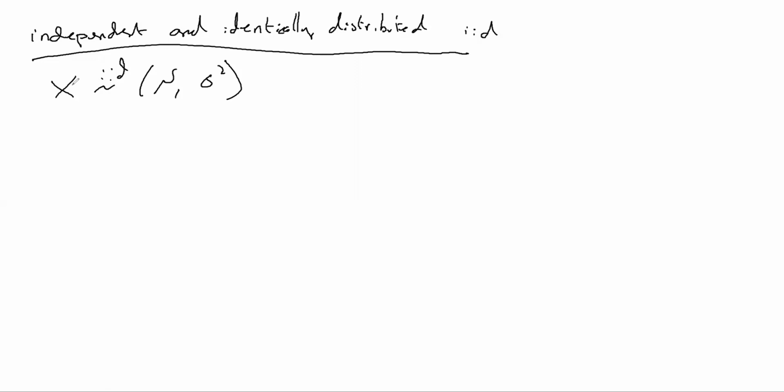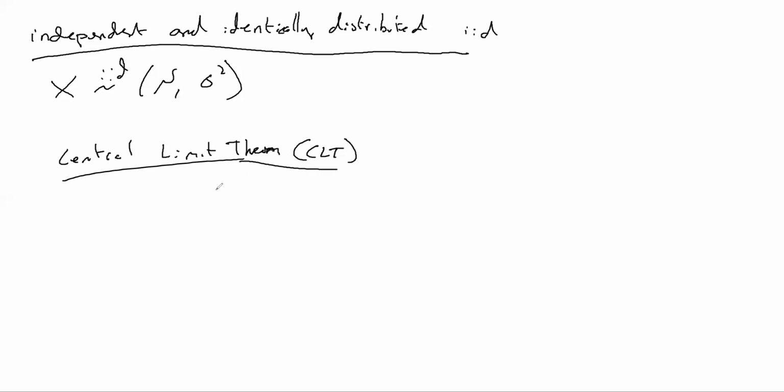And this assumption of IID is also really important for the central limit theorem. The central limit theorem is something you should already know. We're going to talk about it a little bit. We're not going to get into any of the proofs, but it's important. This is CLT, the central limit theorem. It's important for regressions and time series and hypothesis testing, all of that.